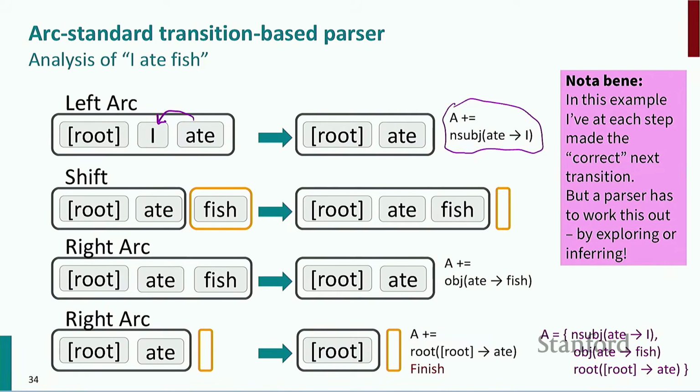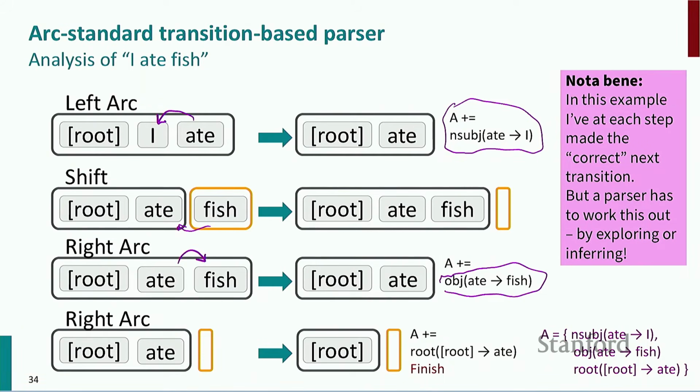I could then do another shift operation, so I shift fish from the buffer onto the stack, and then I can do a right arc which says, okay, I'm going to have fish as a dependent of ate, so then fish disappears from the stack, and I add in this new dependency saying fish is a dependent of ate.